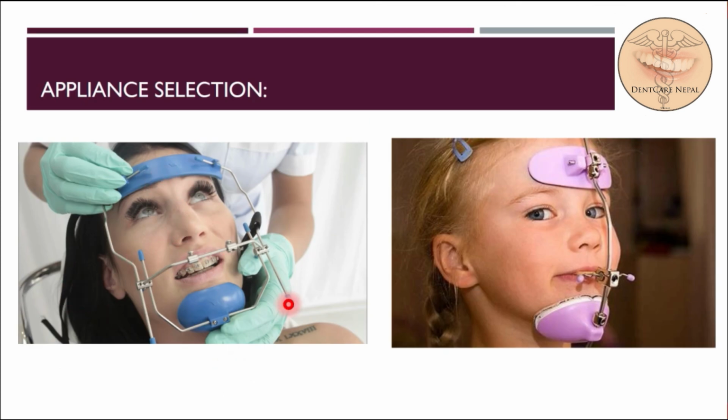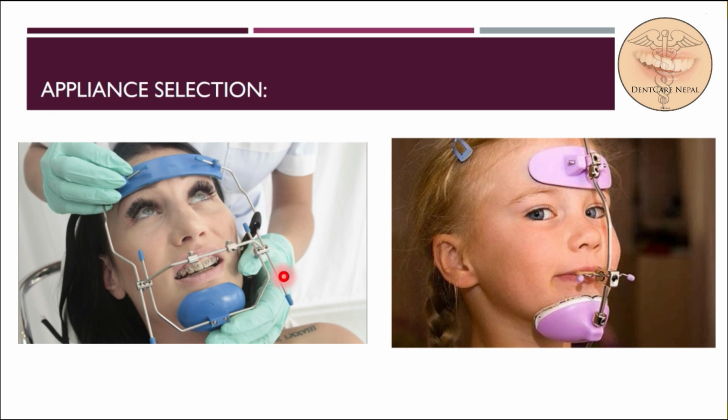Similarly, for appliance selection, extraoral appliances are not well accepted by adult patients, whereas children do not have any problem wearing them, and adult patients are more selective about the appliances. They need appliances as small as possible, clear aligners if possible, lingual orthodontics if possible. They want to have the treatment without it being noticed by others.